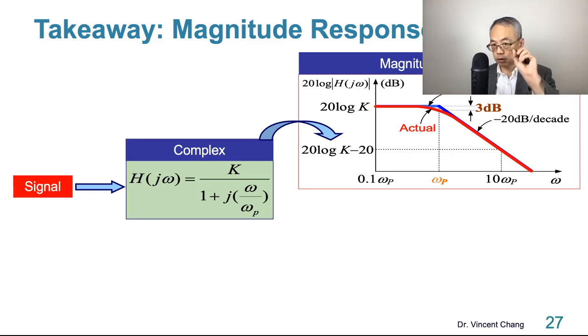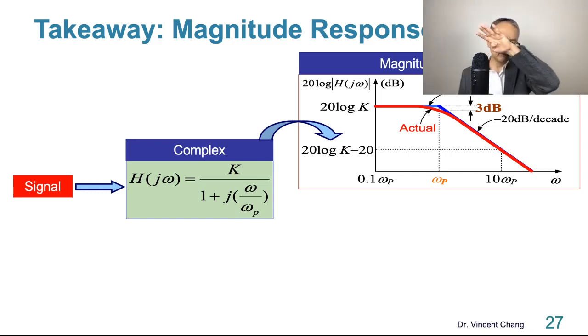Next time when you look at this type of transfer function, you can write down the Bode plot based on the asymptotic approach.